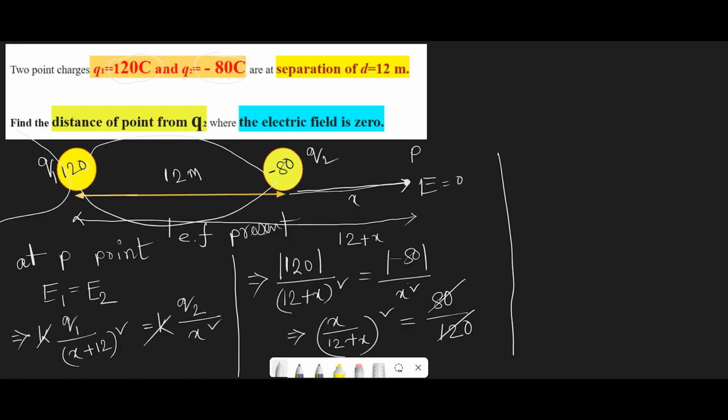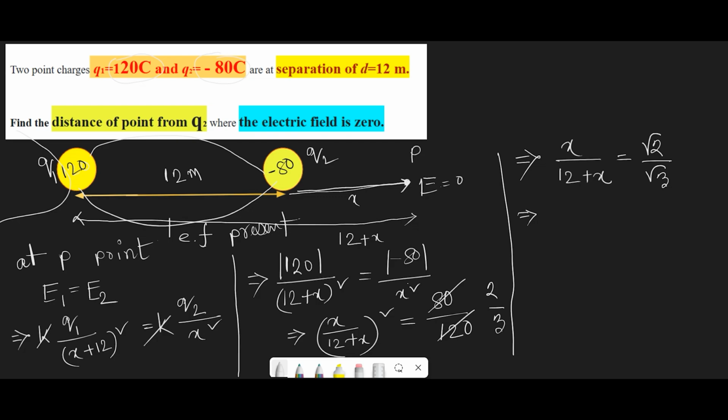So in that case, we could write down 2 over 3. So we could write down X over 12 plus X equals square root of 2 over square root of 3.